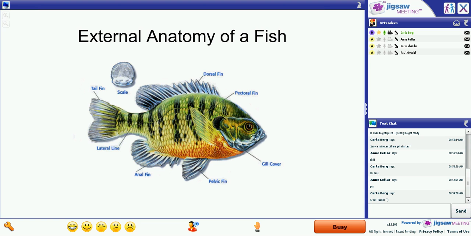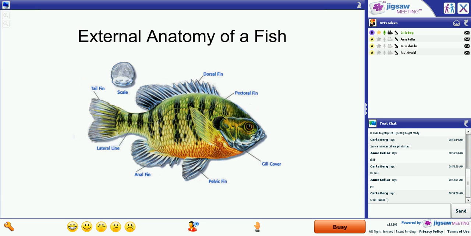Okay, this is probably a sight that is pretty familiar to you. Most people have seen fish and are comfortable looking at and determining the characteristics of a fish.